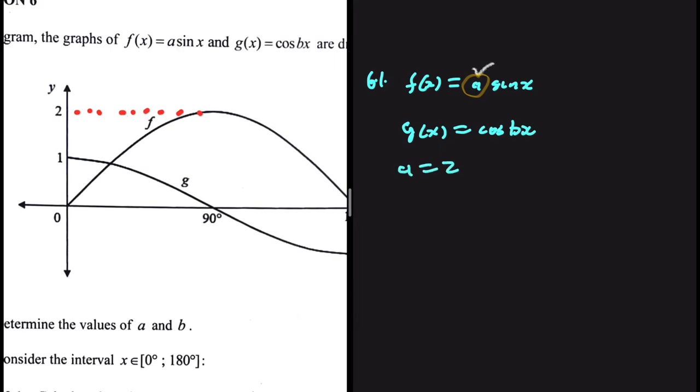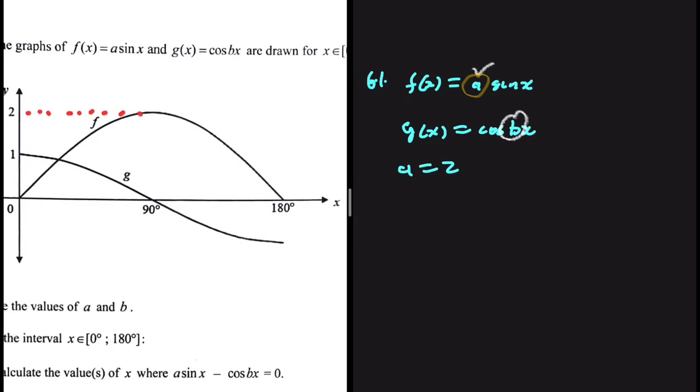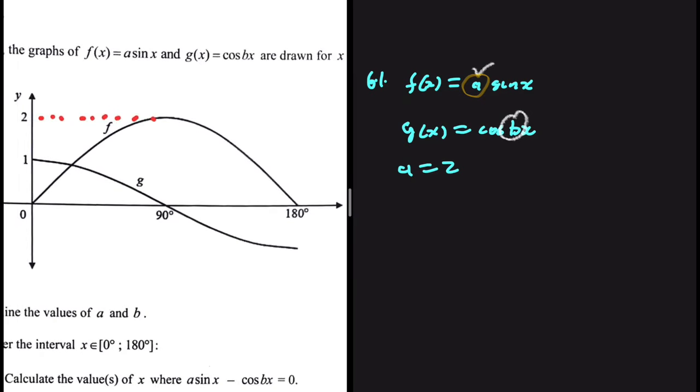And now let's look at g of x. We are interested in the value of b. If you look at the sketch, the diagram we have, you're going to realize that we have an original cosine graph. This graph, g of x, is just equal to cos of x. There's no alterations whatsoever.